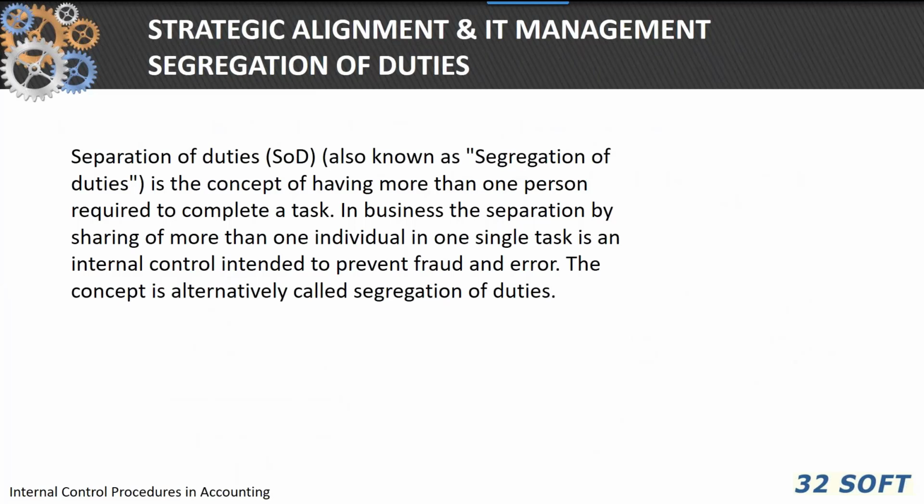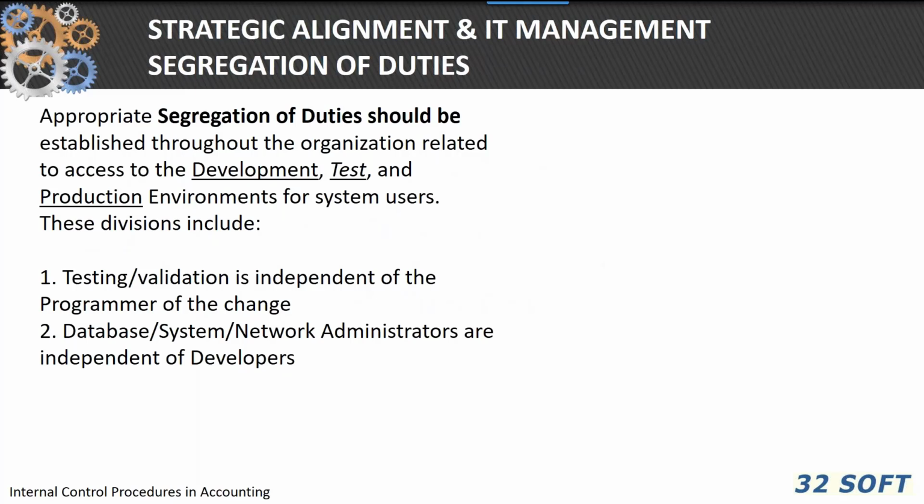Segregation of duties, as I mentioned, we're not going to talk a lot about, but it's basically a process to ensure or prevent fraud and error in the system. You should always have the development, test, and production environments segregated so that testing and validation is independent of programmers' changes.